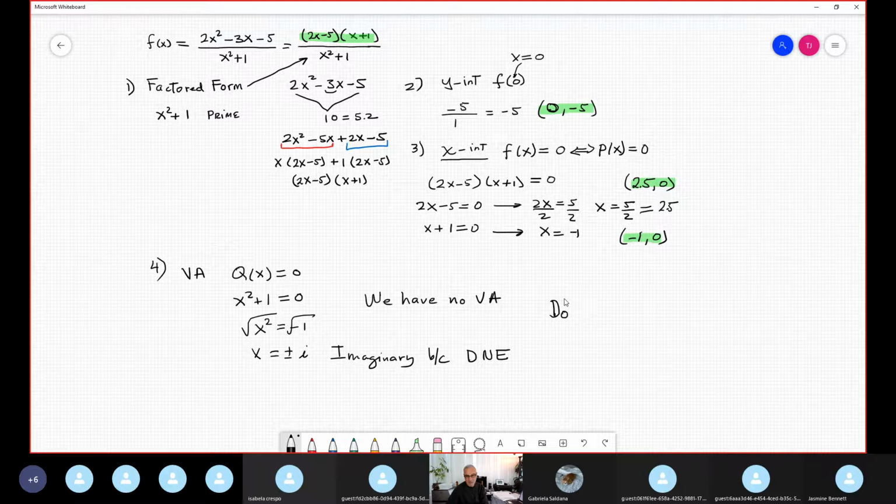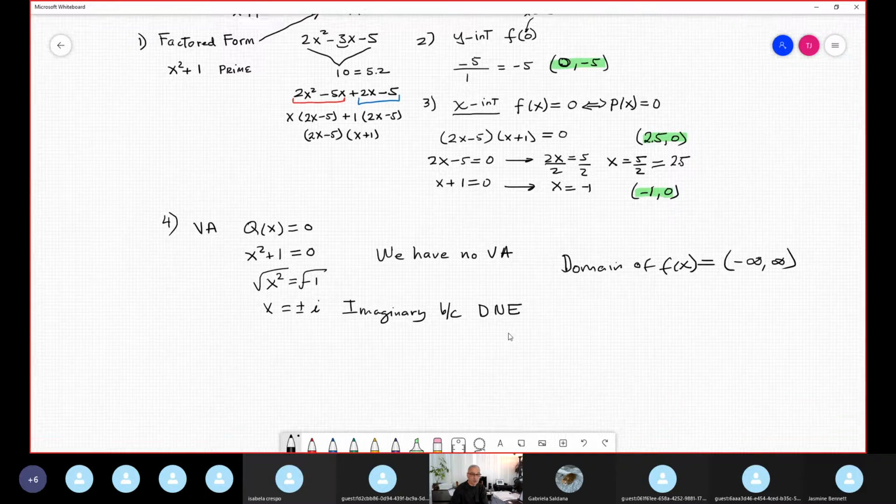The domain of the original f of x is all real numbers. Because remember, the only possibility to be undefined is at a hole or at the vertical asymptote, not the other, specifically the vertical. So if we have no hole and no vertical asymptote, then the domain is all real numbers.